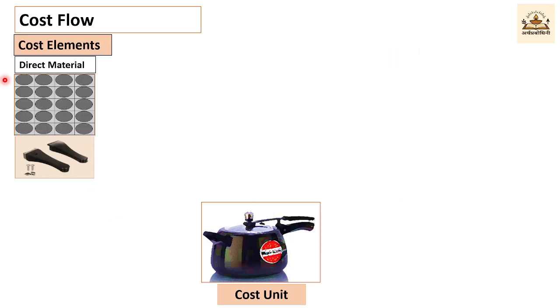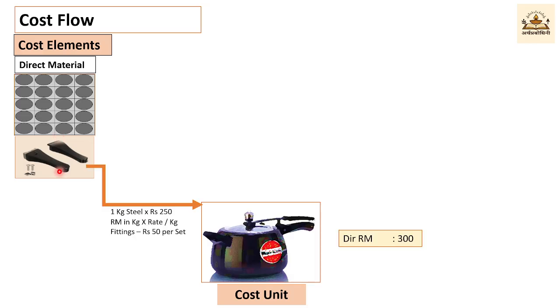Let's begin with direct material. To manufacture this product, some stainless steel and some fittings are required. So here 1 kg of stainless steel at the rate of 250 rupees and a set of fittings at 50 rupees per set is required to make this product.